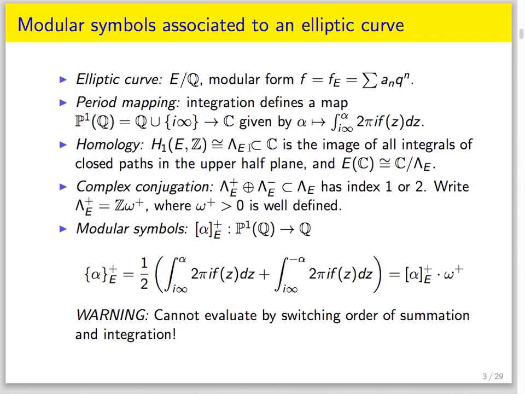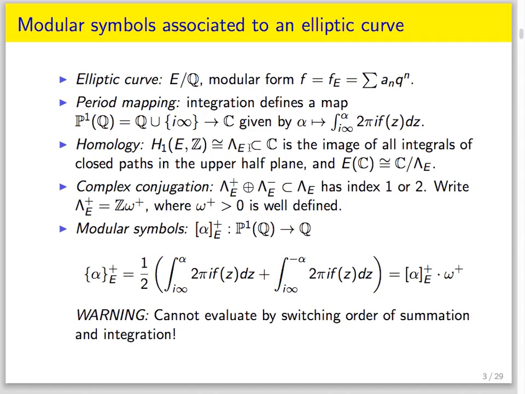Given an alpha, you map it over to the period lattice, or to something almost in the period lattice, and if you add it to its complex conjugate, you get something that's real, and it's some multiple of the least real period. That multiple is the modular symbol.